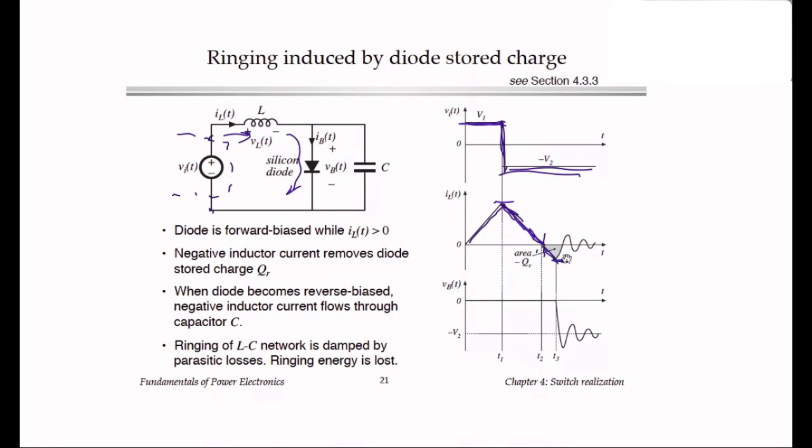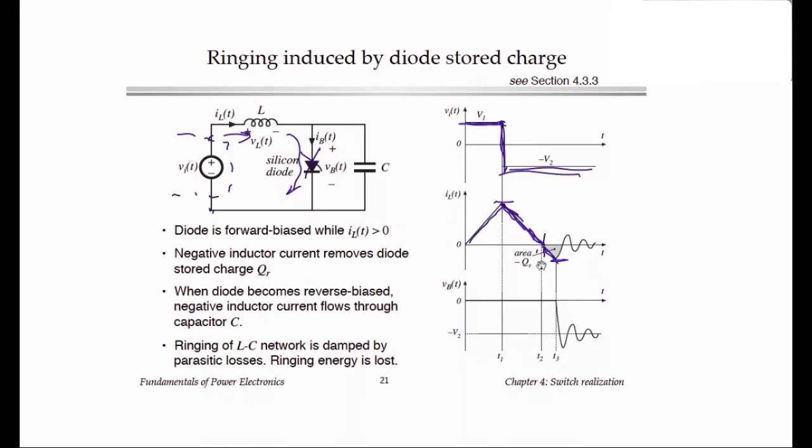So we get some negative current in the inductor, and then at some point right here, finally the diode turns off because its stored charge has been removed by the negative current, and at that point the diode switches off.